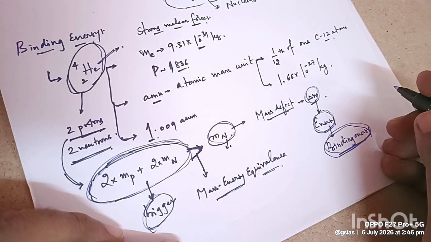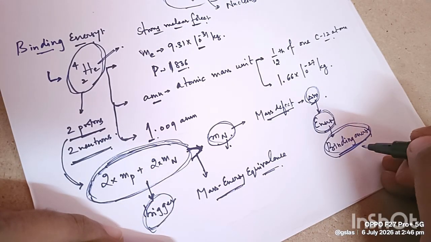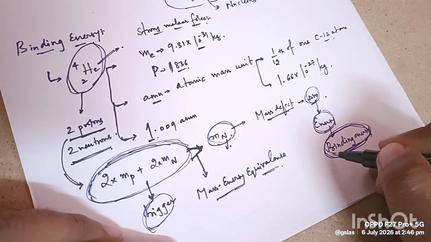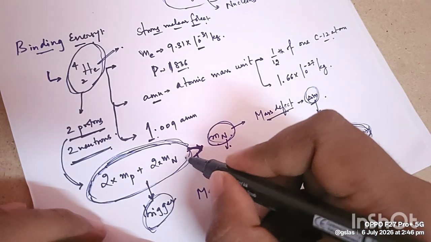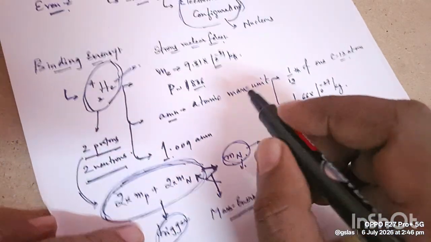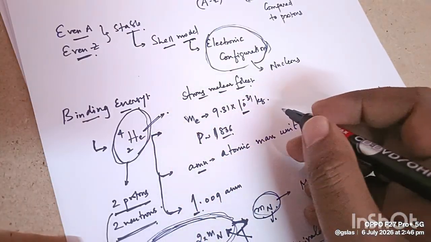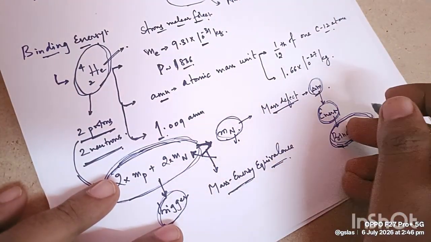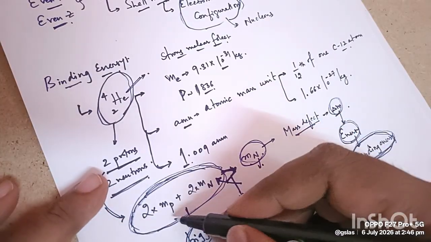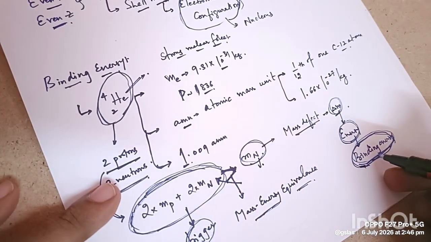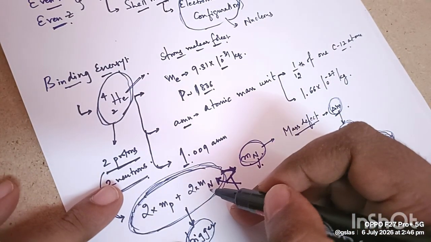So conversely also, if I provide this much amount of energy from outside and project it exactly to the given amount of nucleus, I can split them into constituent nucleons, because I am providing energy, and that in turn is used to create the individual masses. So energy is being converted back into mass.